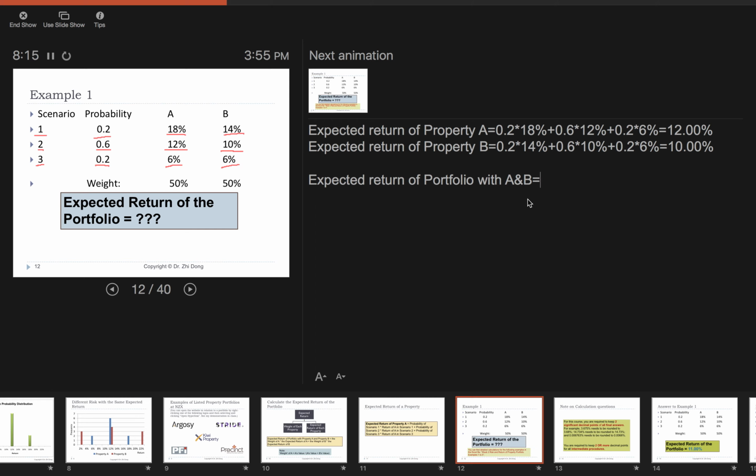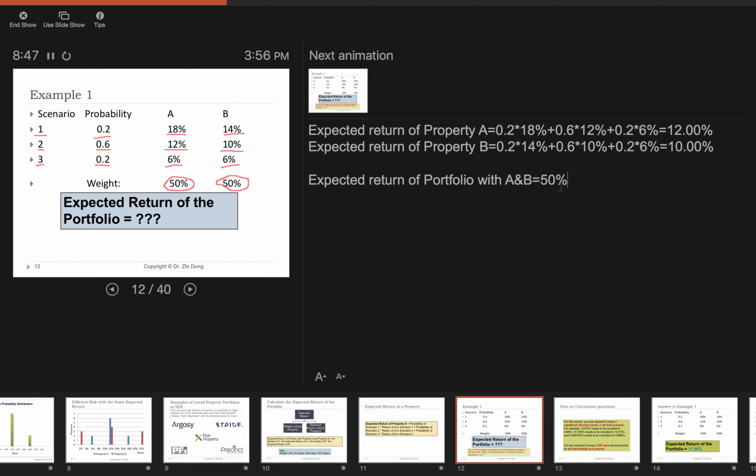Now let's look at this. We need the information of weighting for each individual property. In this example, we have already been given the weighting for each individual property. Each individual property constitutes half of the weighting of this portfolio, so 50%. So now we have 50% for property A's contribution to this overall portfolio return.